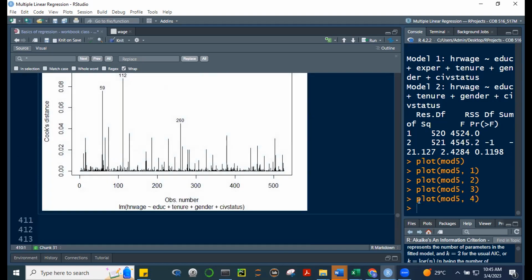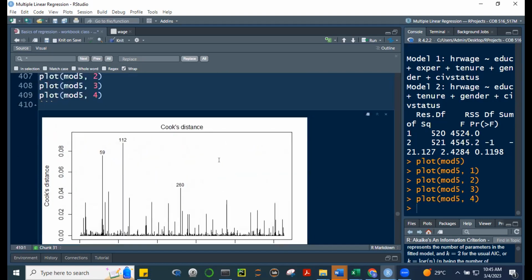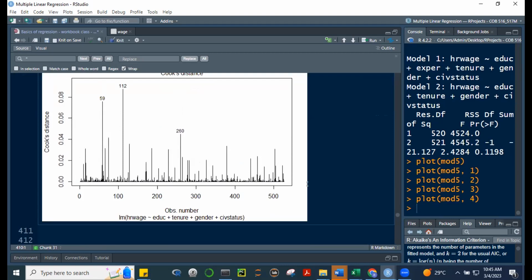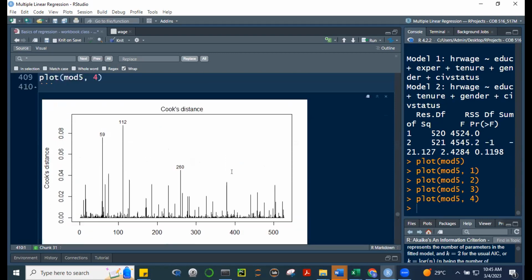Ano binibigay sa atin ni fourth? Okay. So binibigay dito si Cook's distance, no? Cook's distance is used in determining kung ang isang data point is influential. So dito consistent, no? Dito si 112, 59 at 260. So based on Cook's distance, the observation number, it tells us that these are possible influential points.